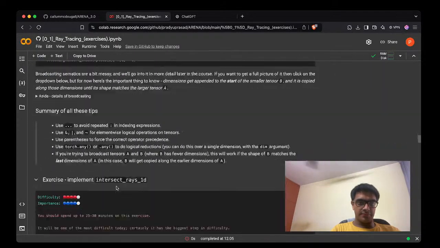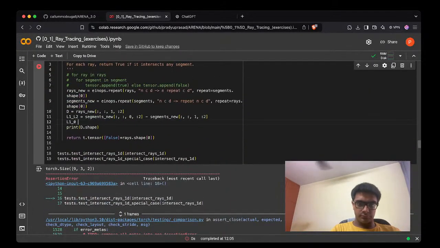L1 0 now equals segment new colon this minus this new colon equals minus colon, and then the first one should be 0, right?